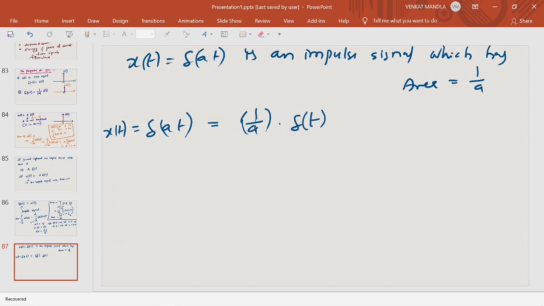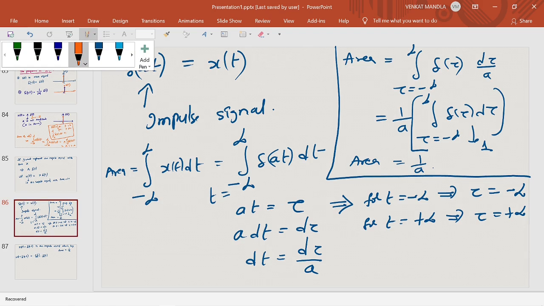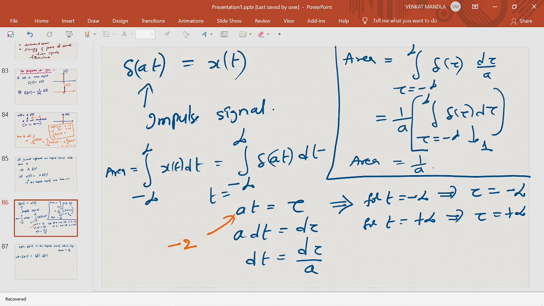What if a is negative? Here, if a is negative, the limits will change. Suppose a equals minus 2. What do you get? Minus 2 dt equals d tau, so dt equals minus d tau by 2.